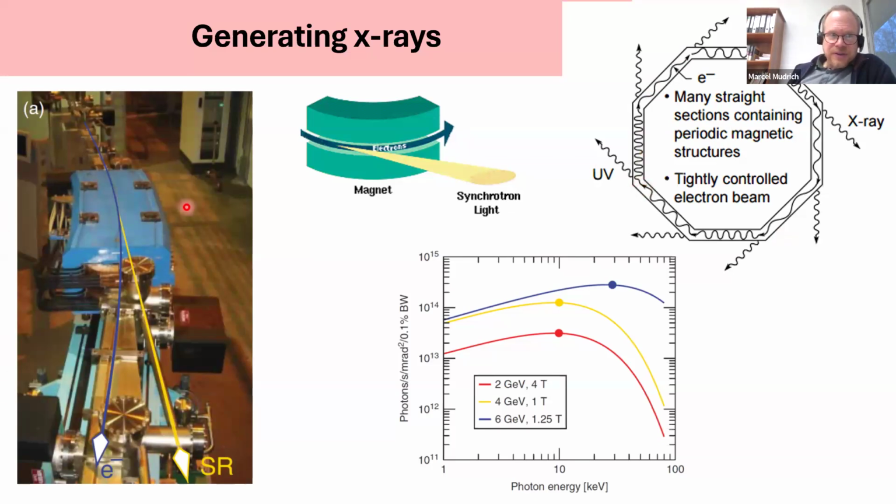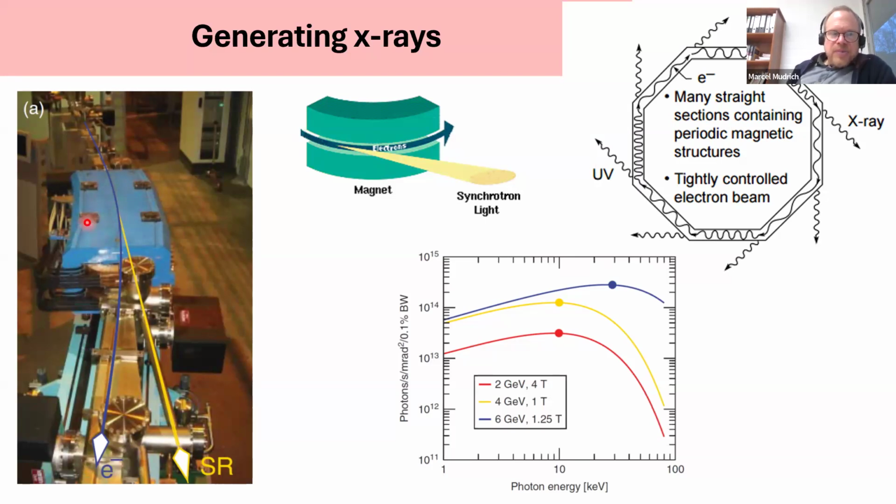And this is a photograph of such a dipole magnet mounted around the beam line. Of course, the electrons travel inside vacuum in these vacuum tubes, and these quite big and bulky magnets are mounted around the vacuum pipes to produce strong magnetic fields and deflect the electrons around the corner.